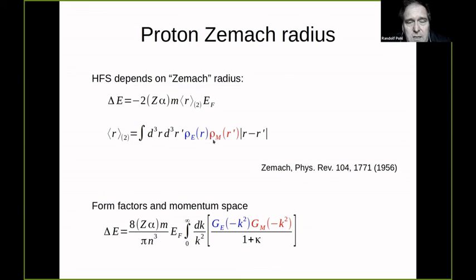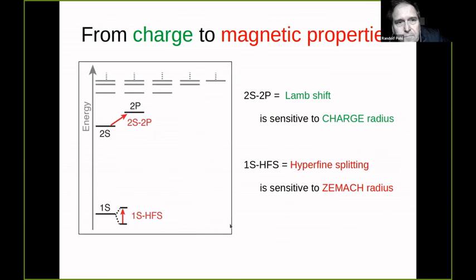The Zemach radius, as you know, is this funny convolution, in a non-relativistic picture, between the electric charge distribution and the magnetization distribution. But you can also formulate this in terms of form factors in momentum space, and therefore you can also measure this using electron scattering. So you again have access to the same quantity from electronic atoms, muonic atoms, and electron scattering.